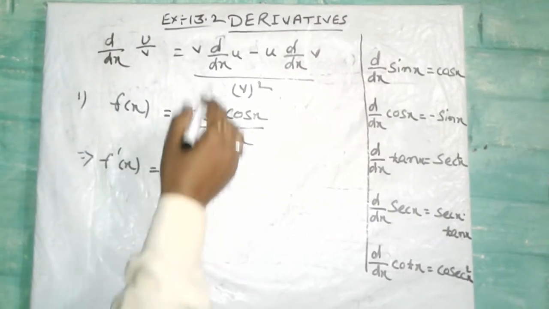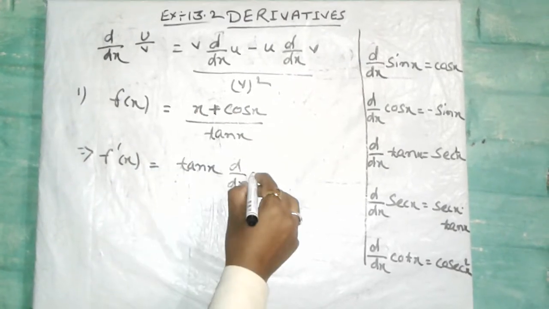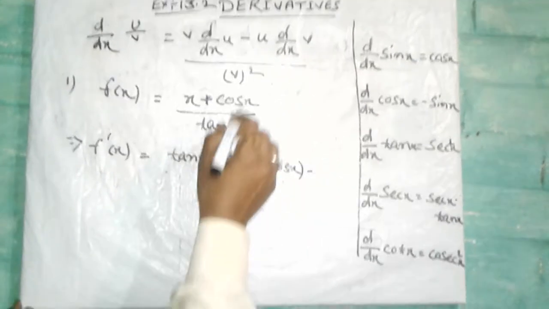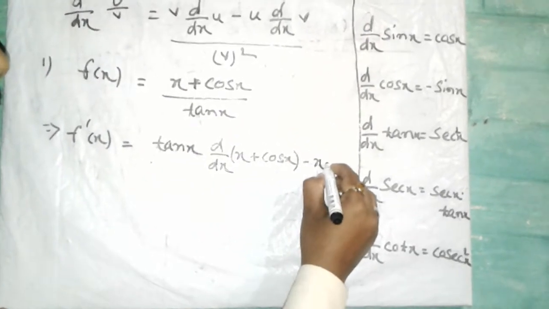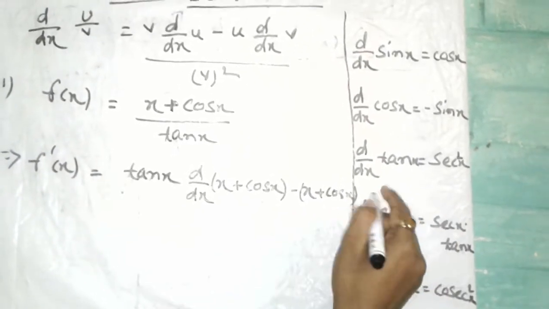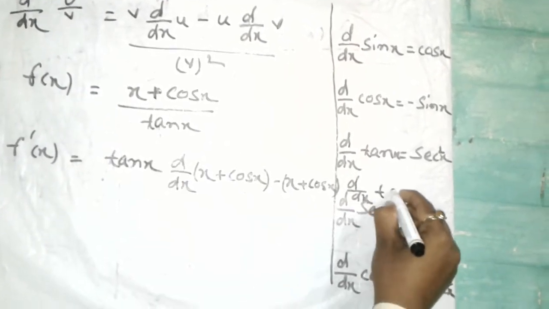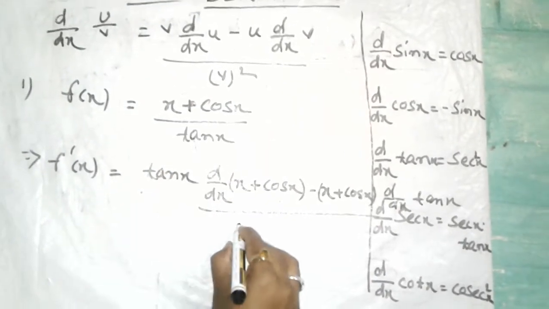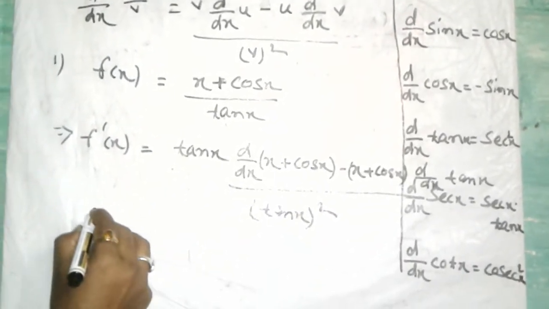Here what is v? We have to write tan x, then ddx of u. Our u is x plus cos x. Then minus u, so this time our u is x plus cos x, and with that we have to write ddx of tan x, all by v square. Here our v is tan x, whole square. Now see what we will get.